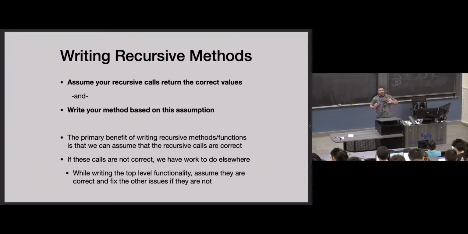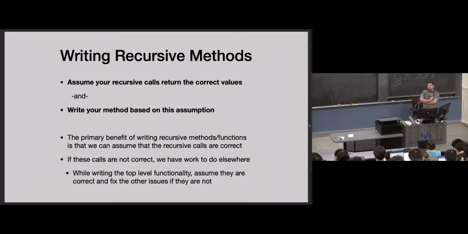Can I process one element and then make a recursive call with the rest of the list? That's going to get me closer to my base case, assuming my base case is an empty list or a list of size 1. And then I've got one single element to process.